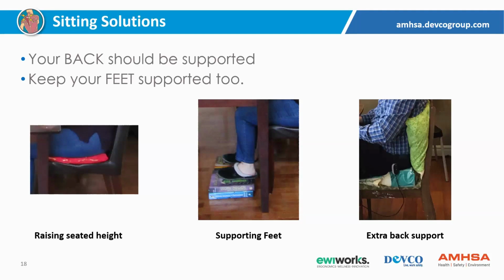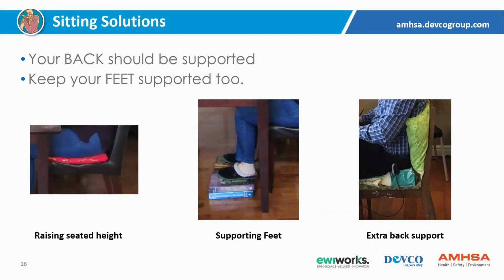But I wanted to share some examples of things that you can do if you're working from home occasionally, or you don't have a full proper task chair at home. These are some simple solutions. I wouldn't suggest these long term if you can avoid it. If you're going to be working 2 or 3 days a week at home, I would encourage you to make that investment at some point. But these are some things you can do with furniture you might have at home.